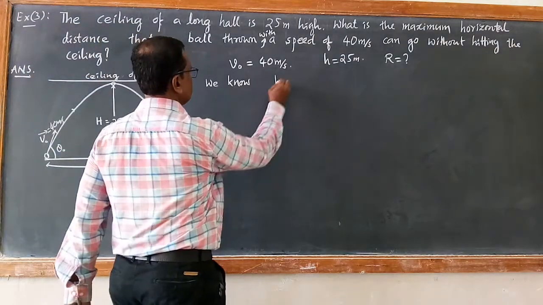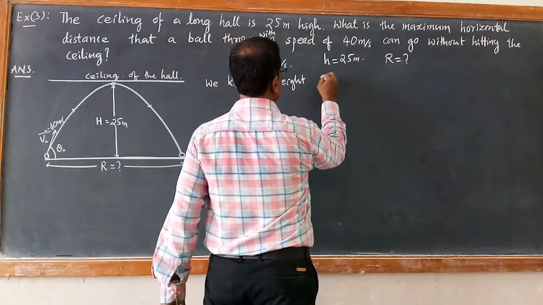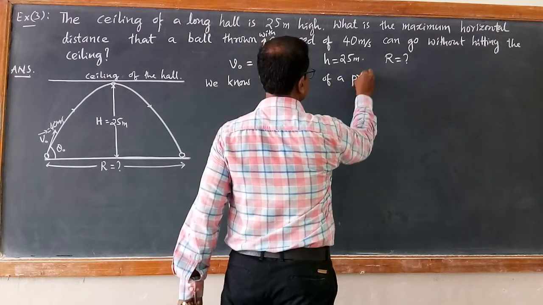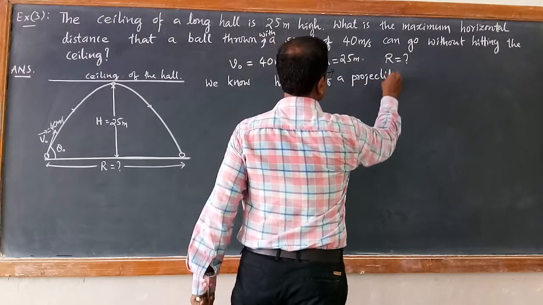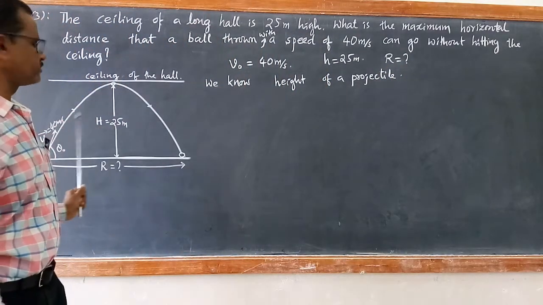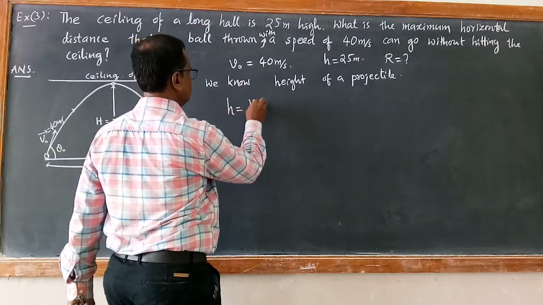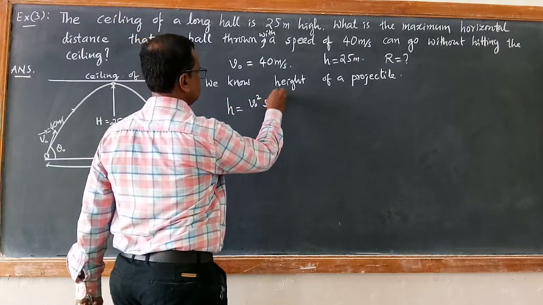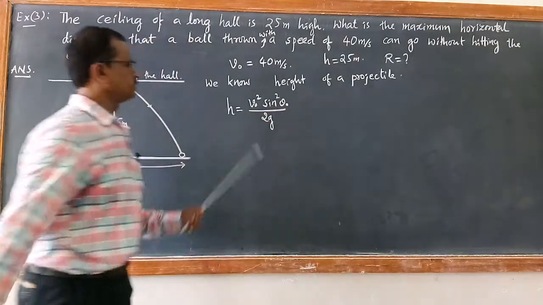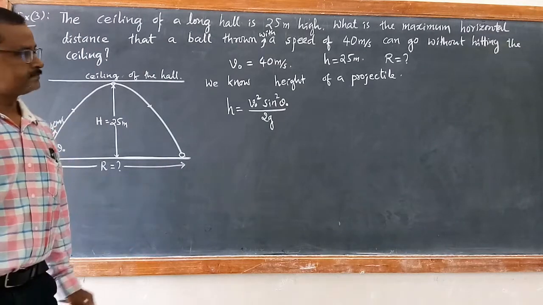We know the height to which the projectile can rise for an initial velocity of v0 is given by h is equal to v0 square sin square theta naught by 2g.